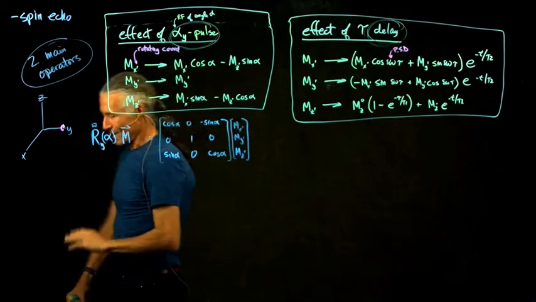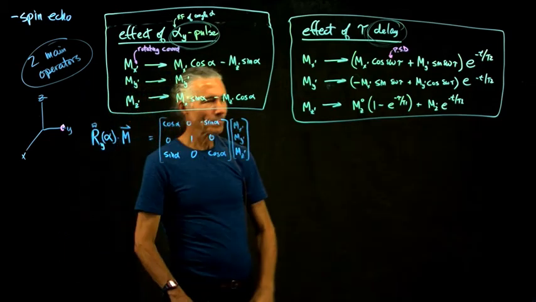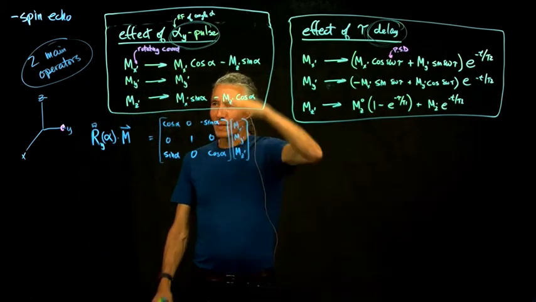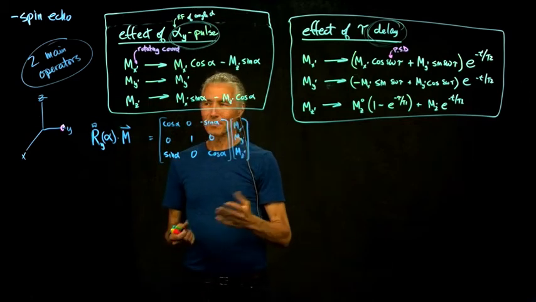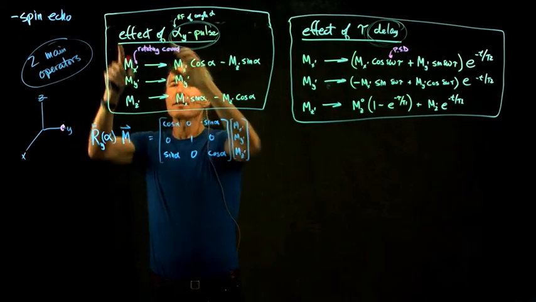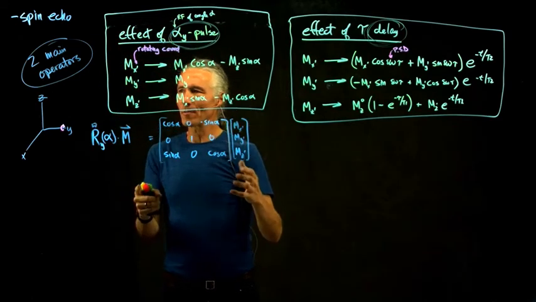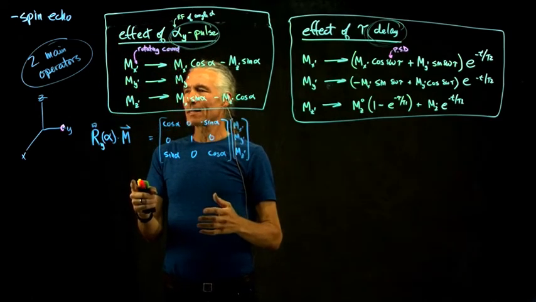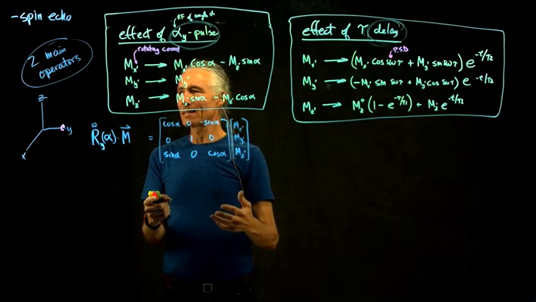So what's the bottom line? The bottom line is, if we run through pages of cosines and sines, because this was just for one transformation, but our transformation has 2 RF pulses and 2 delays.